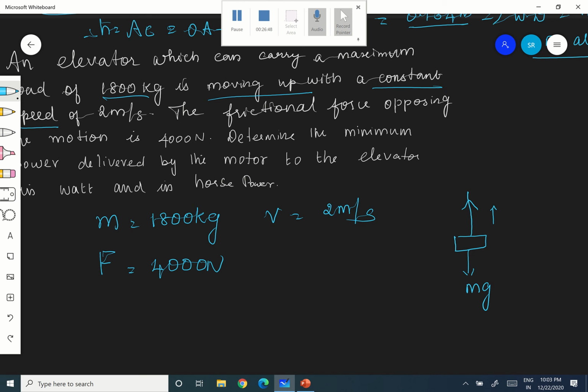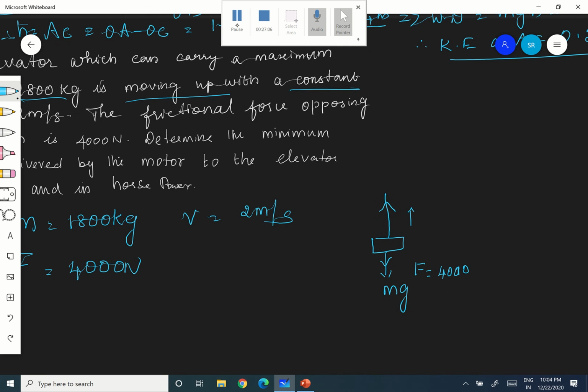In addition to that, frictional force is also acting. Why? Because friction will always act opposite to the motion. The elevator is moving in the upward direction, therefore frictional force will be acting in the downward direction. That is nothing but 4000 Newton, as given. Therefore, two forces are acting in the downward direction.